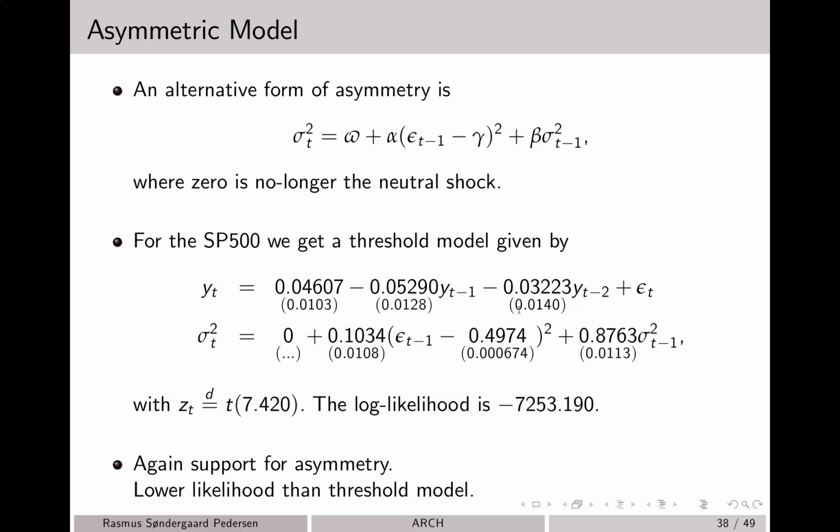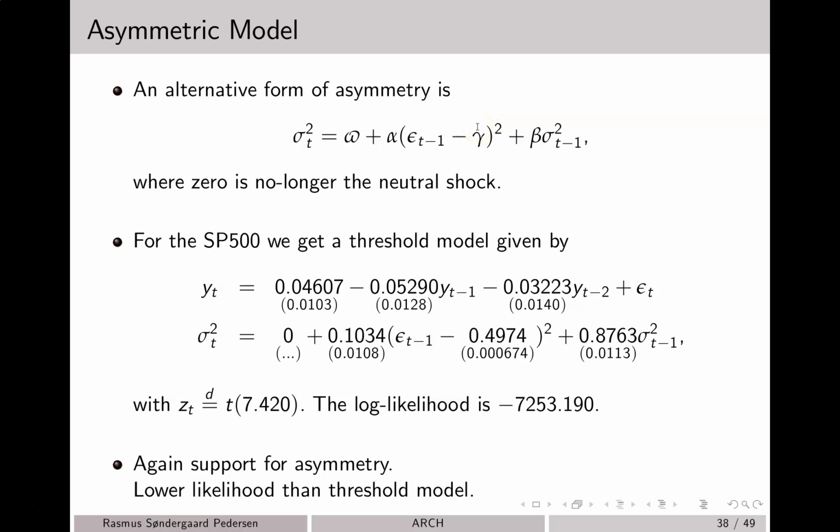Another potential extension of the model is the so-called asymmetric model, where the ARCH term is, so to say, shifted. So instead of only having epsilon t minus 1 squared, we have epsilon t minus 1 minus gamma, for some parameter gamma that we want to estimate.